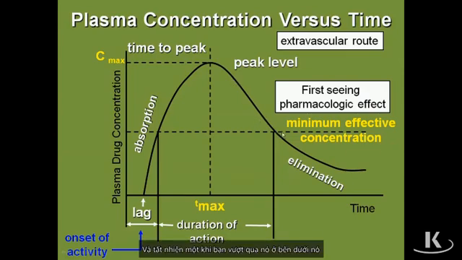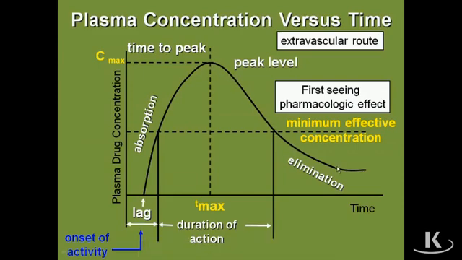And of course, once you cross it and are down below it, this is all part of your process of elimination. But once you cross that MEC, you have really defined now the point called the duration of action. It's from where you first cross the MEC and really the period of time where you stay above the MEC. So from when you first cross to when you cross it again in the process of elimination. So duration of action.